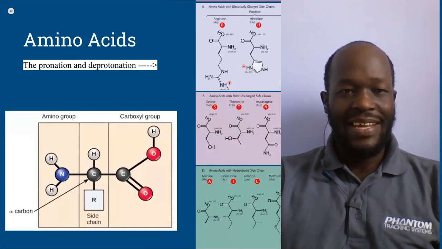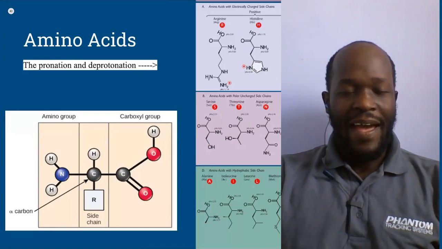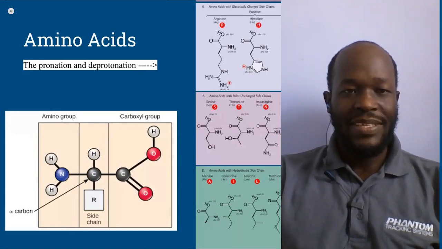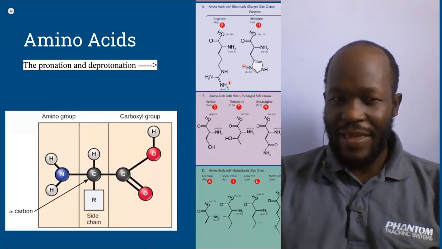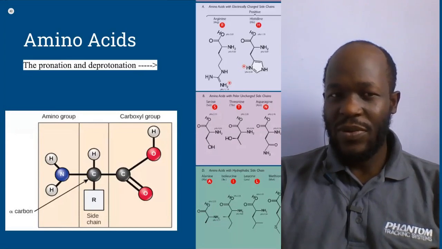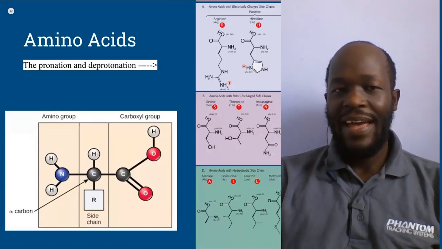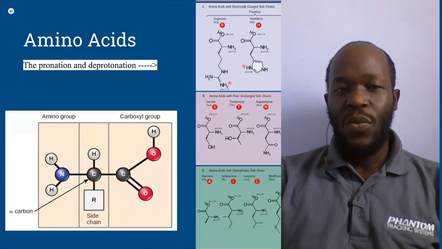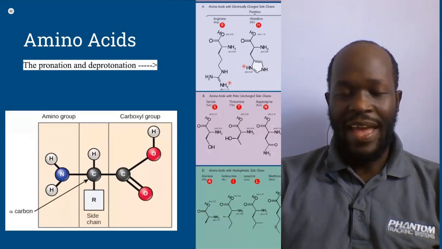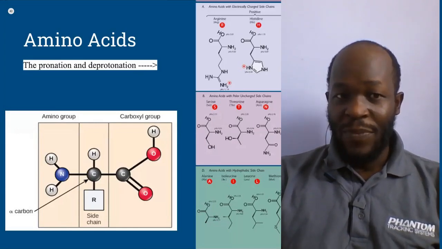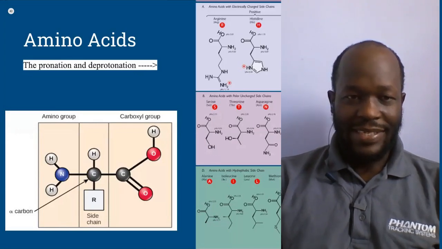Before I start, it's good that I remind you of what we discussed, which had to do with amino acids. The first point was when we were talking about the stomach and its function. We said that the stomach has two enzymes, and one of them breaks down urea into ammonia, and that enzyme is urease.